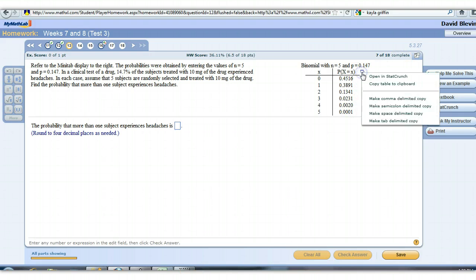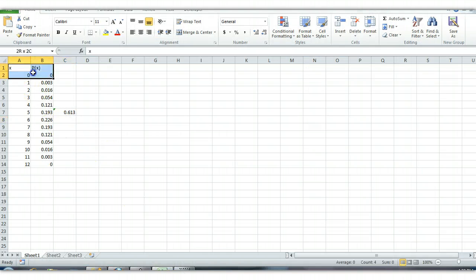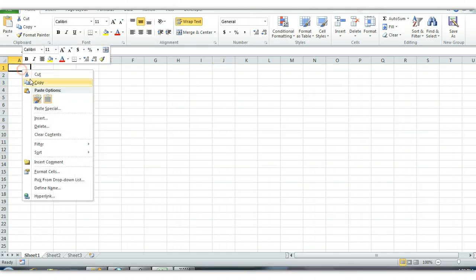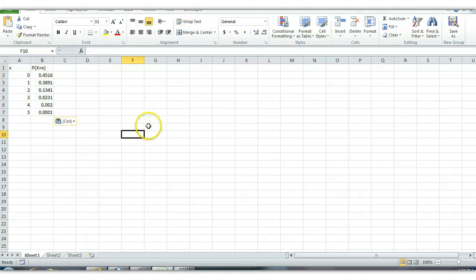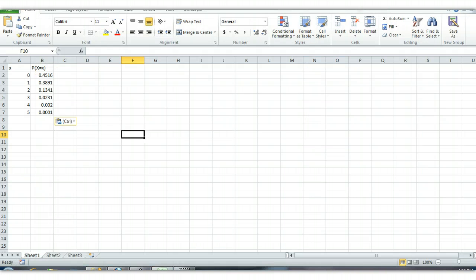So I'm going to throw this into a table because it's easy to do that stuff in Excel if they give you the table. Alright, so again, what's the problem asked for? More than one subject. So 2, 3, 4, 5 are the things that satisfy this. So I add up these probabilities and I get 0.1593.